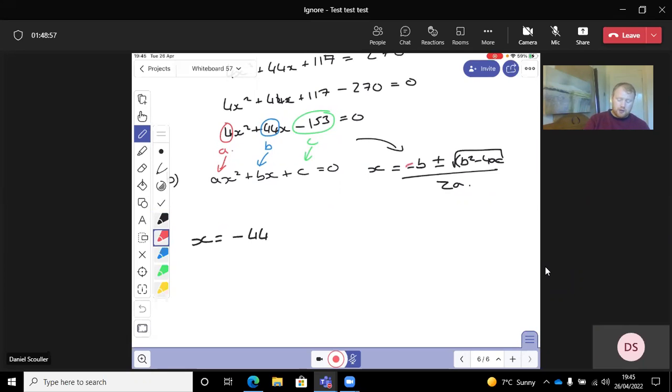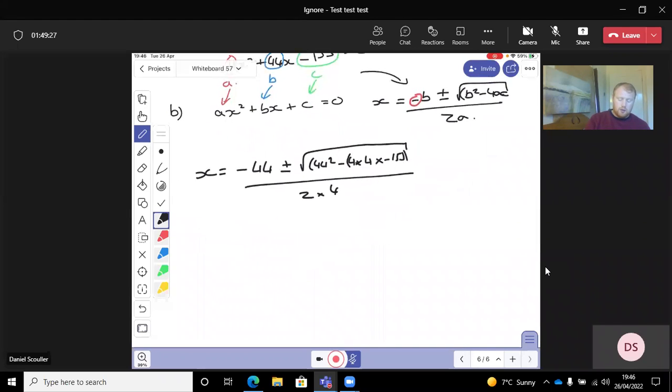Be careful with that sign. Make sure that you're taking a negative of whatever is at that b position. Plus and minus root 44 squared minus 4 times 4 times negative 153, all over 2 times 4.